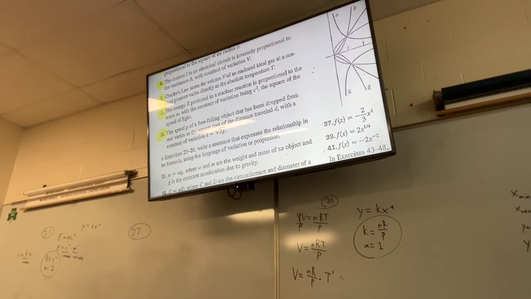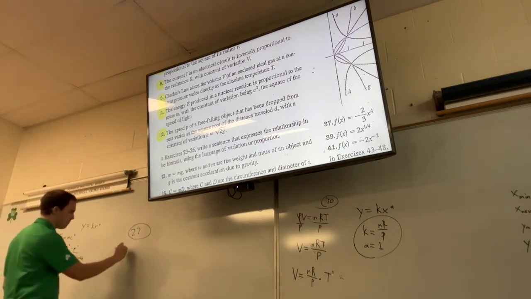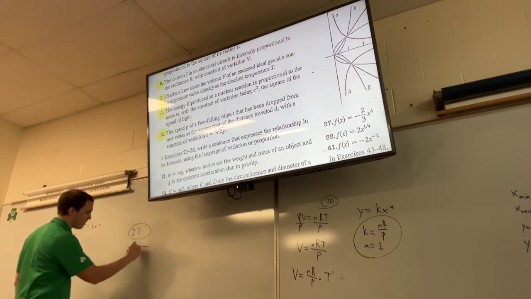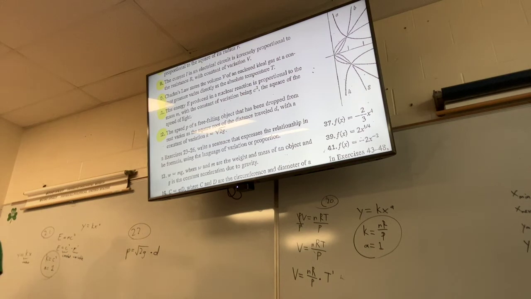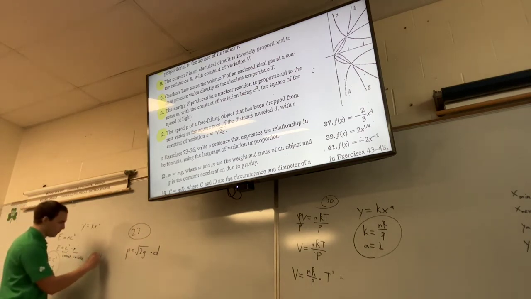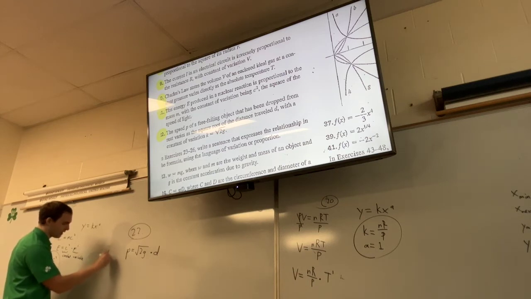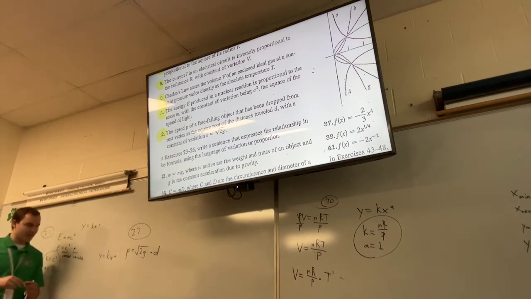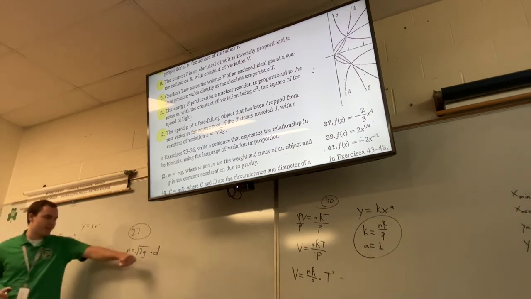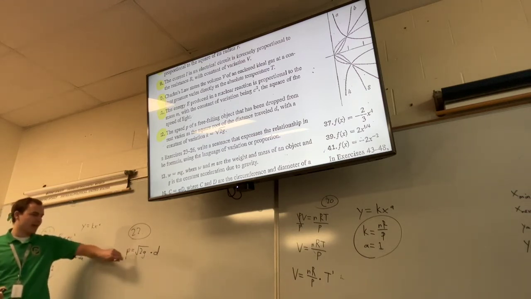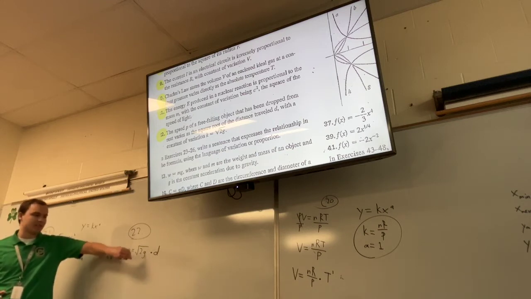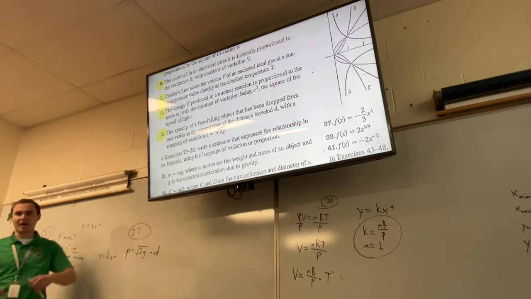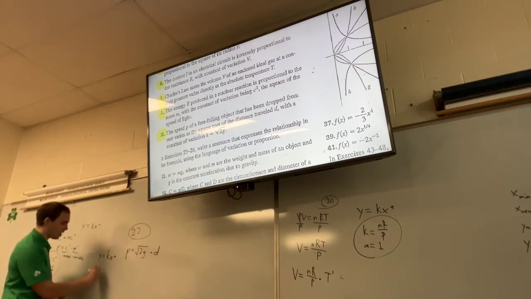So that's saying p equals the square root of 2g times d. This is y equals k x to the a. Here's my dependent variable, here's my independent variable. I wrote this as my constants times my variable, so my k is all the constants in front of my variable. So here my k is equal to what?